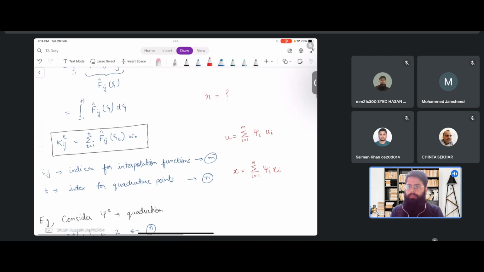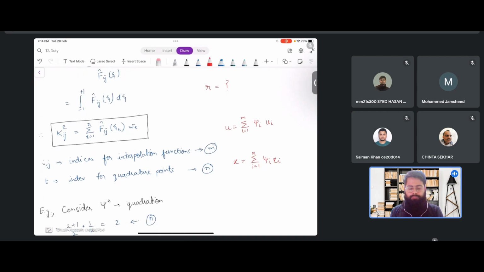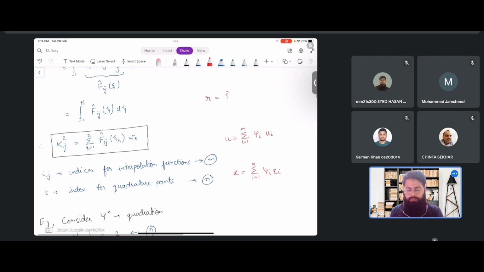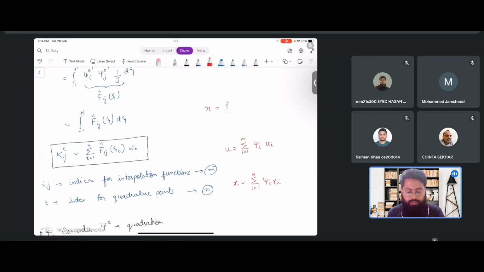If someone wants to answer, they can unmute themselves and answer. I'll repeat my question. We have a new participant here. So, what is the formula to find the number of quadrature points from the degree of polynomial?